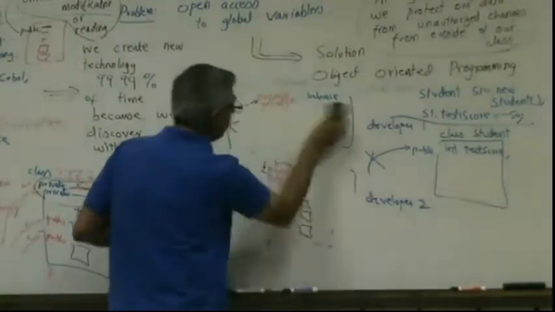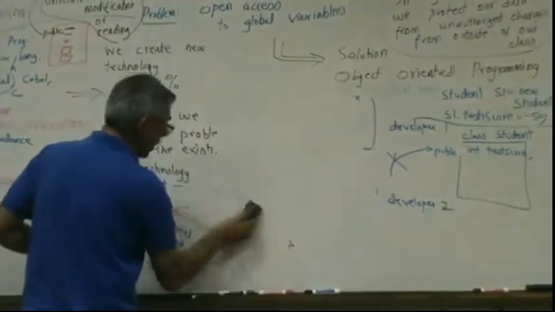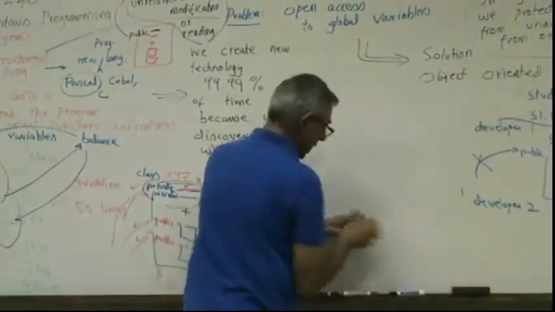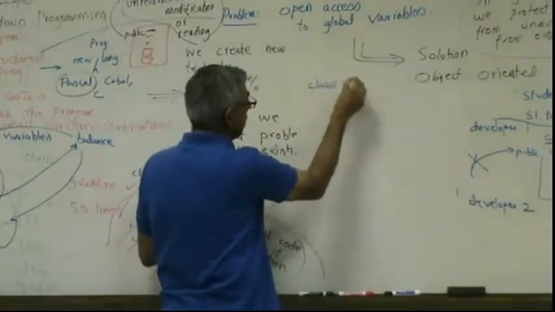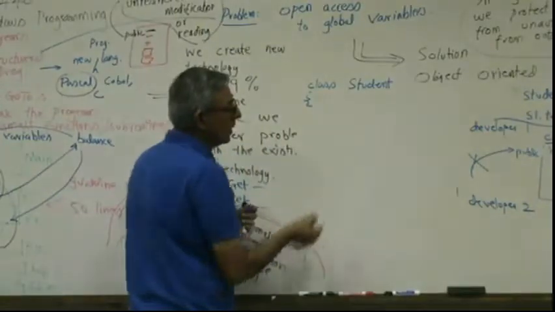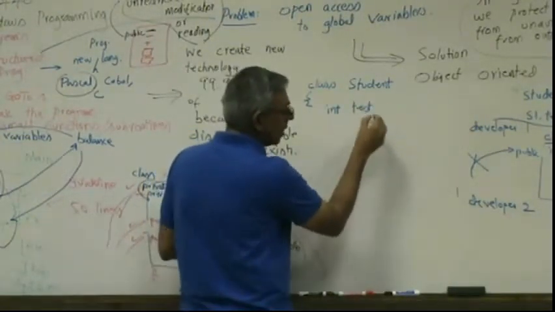So the proper way to write this will be something like this. Okay, so we will create a class called student, and I'll write it in more C# style. Then we will say int test score.